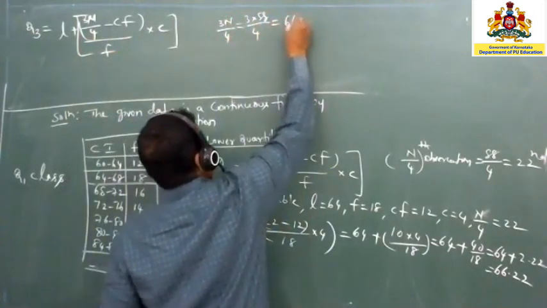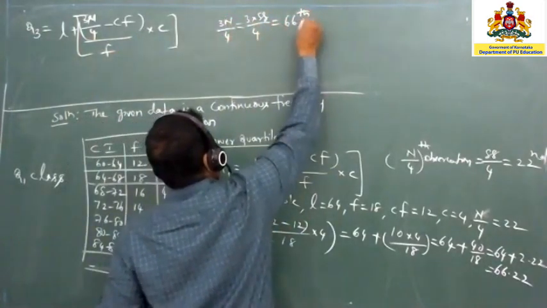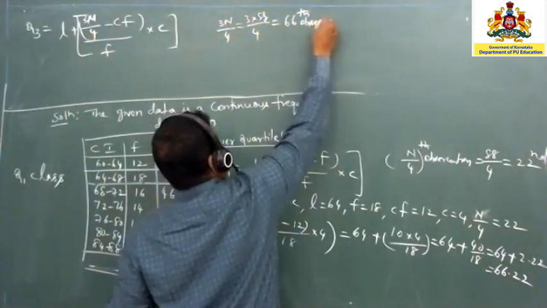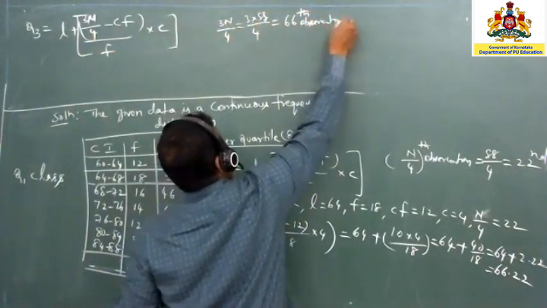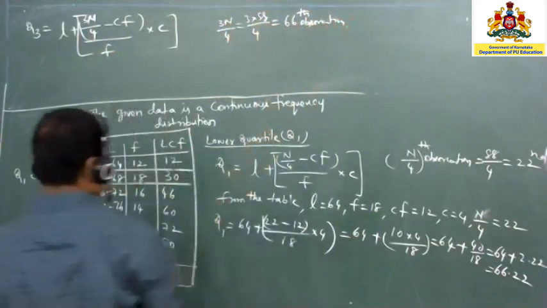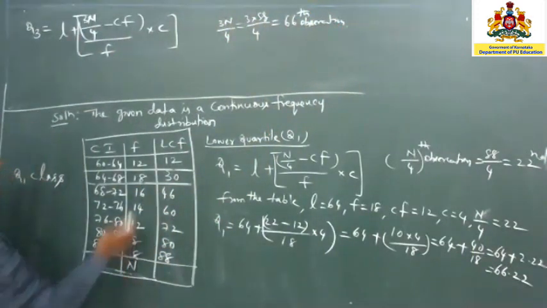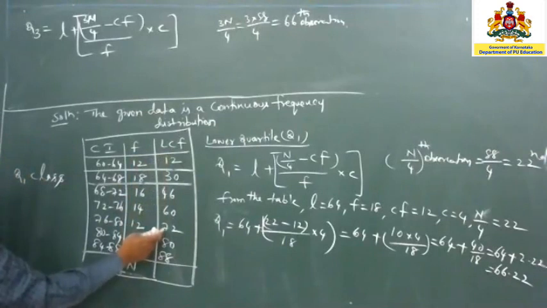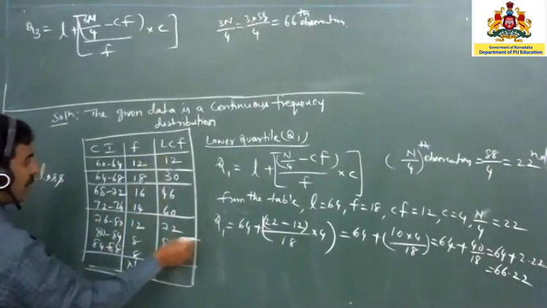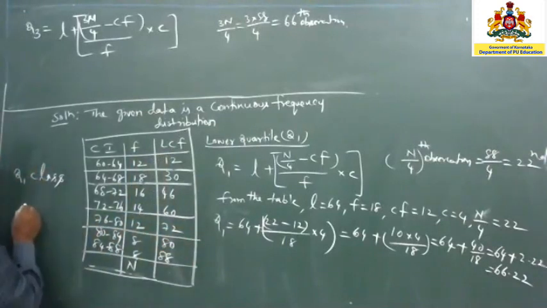So the 66th observation. In which LCF is 66 lying? It lies in 72, it will not lie in 60. It is the Q3 class.